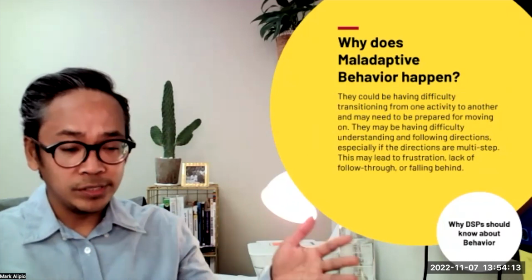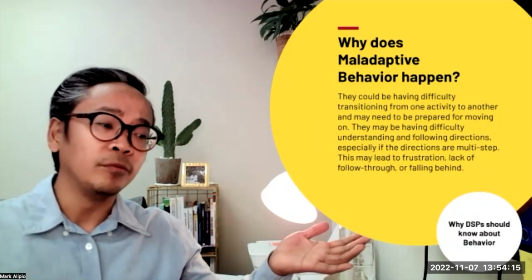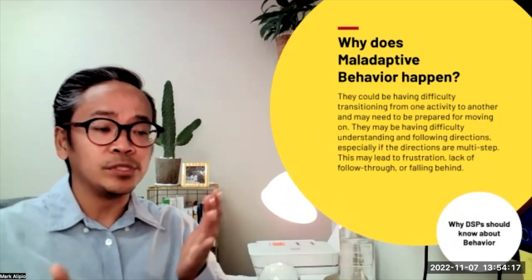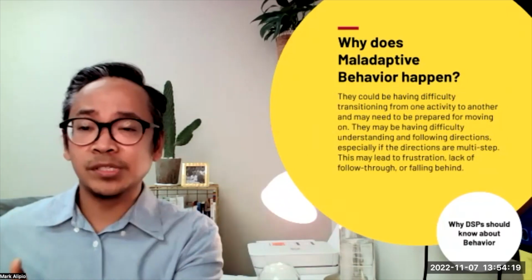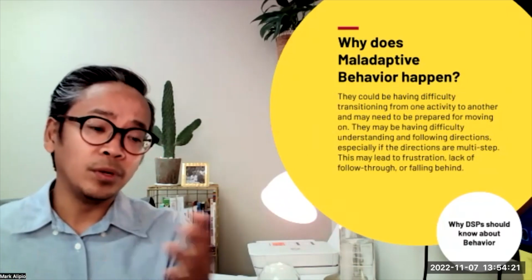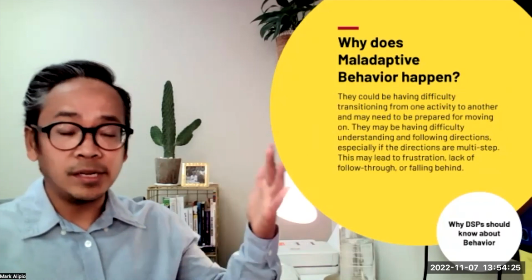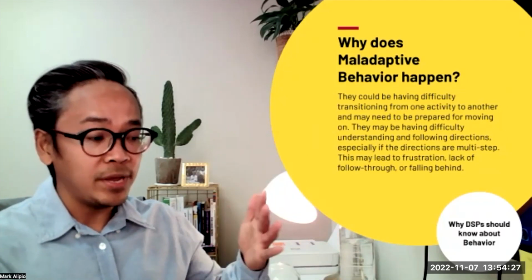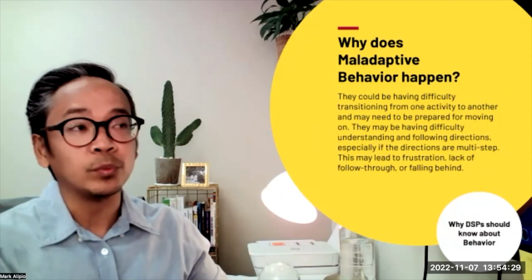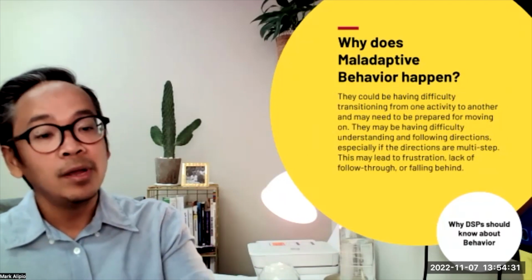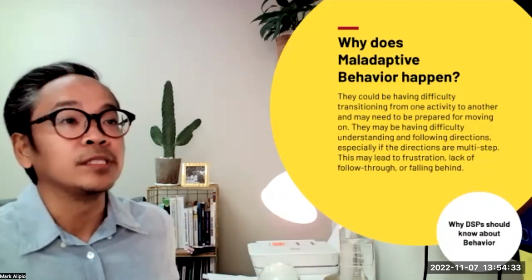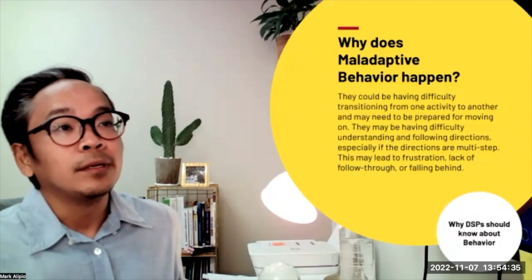When they do transition, it becomes very overwhelming for them, or there are still some residual emotions towards the specific activity, whether they were enjoying it or not. Their behaviors or reactions afterwards are definitely impacted by how they transition into another activity.